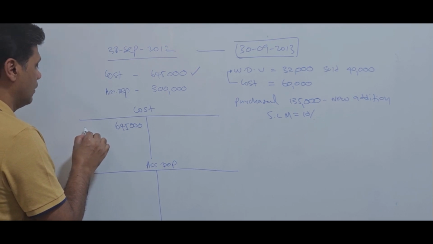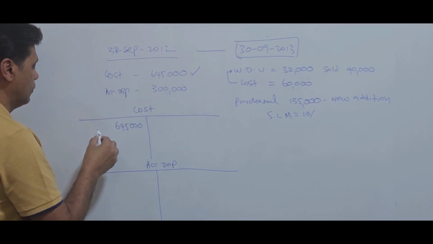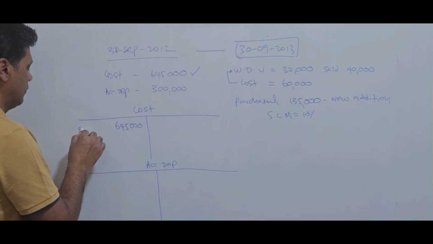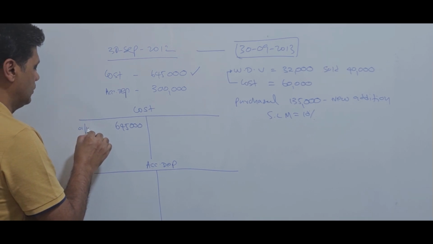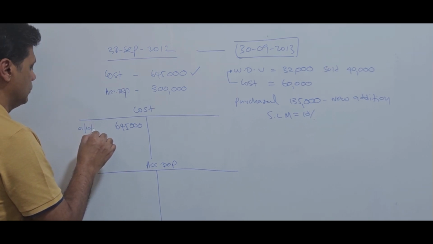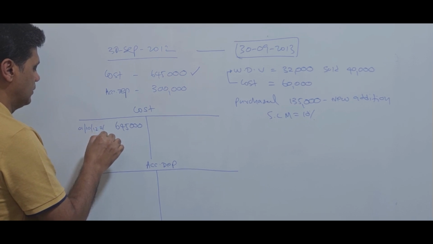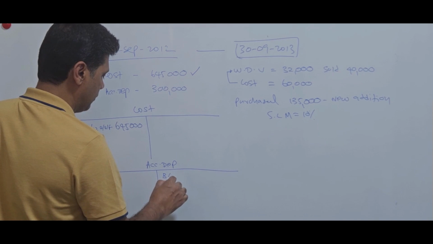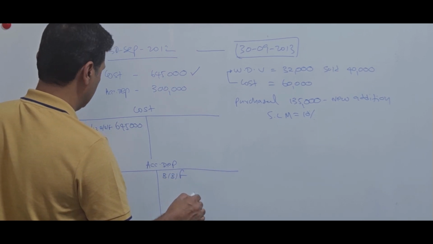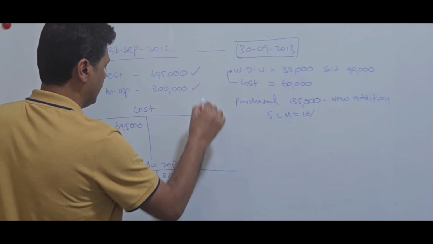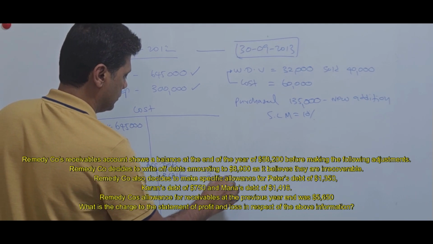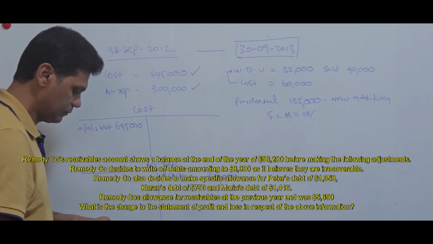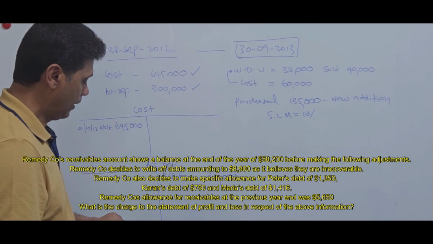This was 30th September 2012, so we can say 1st October 2012, balance brought forward. Here the same balance brought forward, 300,000. These are the opening balances.